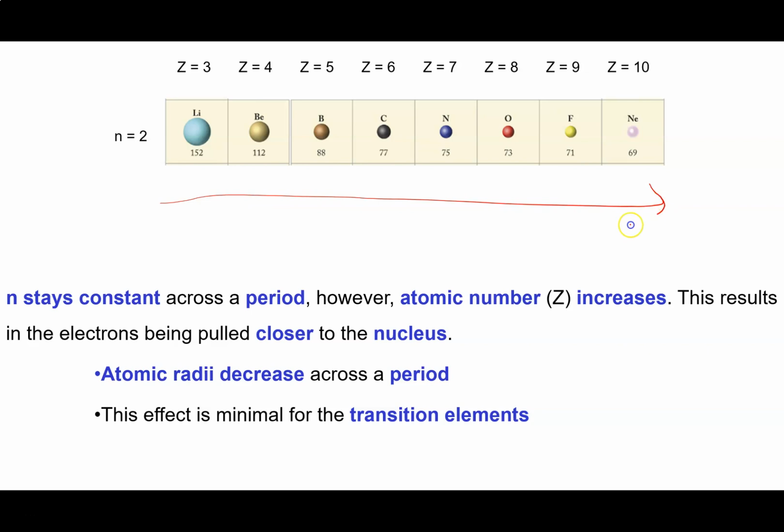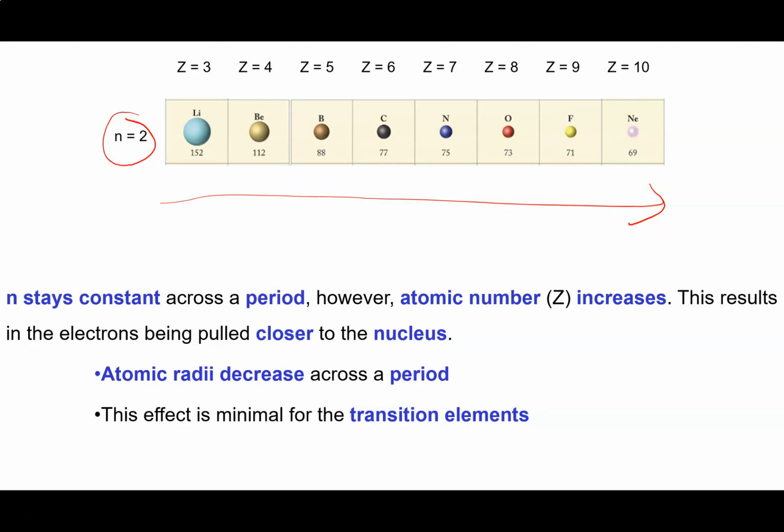As we go across a period, the trend is more subtle and also slightly more awkward to explain. It's important to realize that as we move across a period, all of the electrons that we're adding to our atom are going into the same shell. So that shell is at approximately the same distance from the nucleus for each of the atoms in that period.